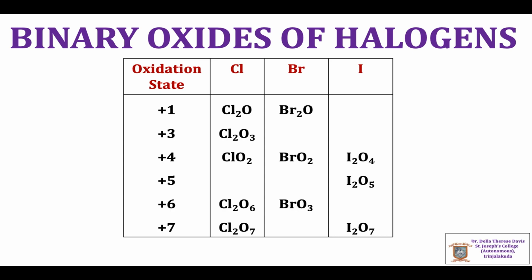For example, the oxides of chlorine are Cl2O, in which chlorine is in plus 1 oxidation state, Cl2O3, in which chlorine has plus 3 oxidation state, ClO2, in which the oxidation state of chlorine is plus 4, Cl2O6 and Cl2O7, in which the oxidation states of chlorine are plus 6 and plus 7 respectively.